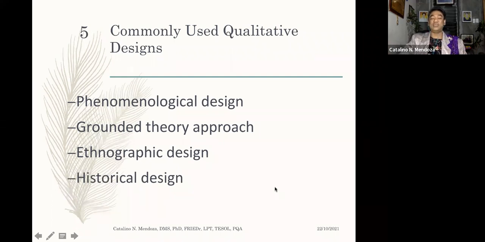The next one is historical design. Historical in a sense that we will be only based on what is in the manuscript, what is in the book, what has been written, what has been done in the previous years. Also, of course, case study. It could either be the mixture of the historical design and also, of course, phenomenological design.